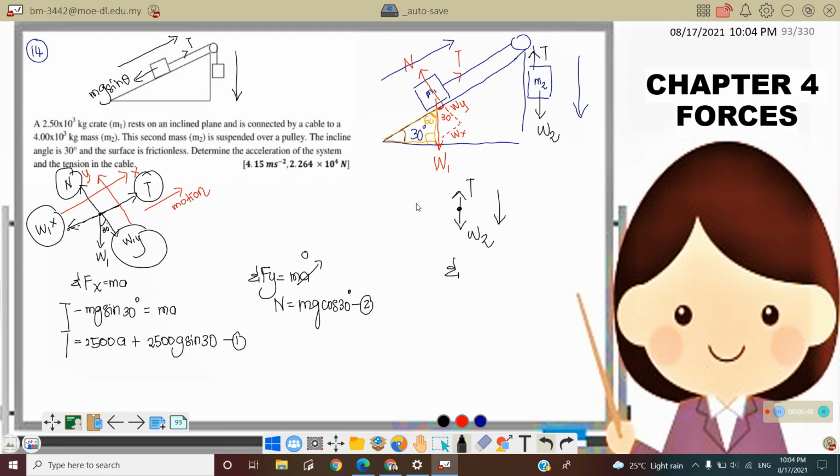So for M2 we only have one equation where Fy equals to MA. For this case, A is not equal to 0 because it is accelerating downward.